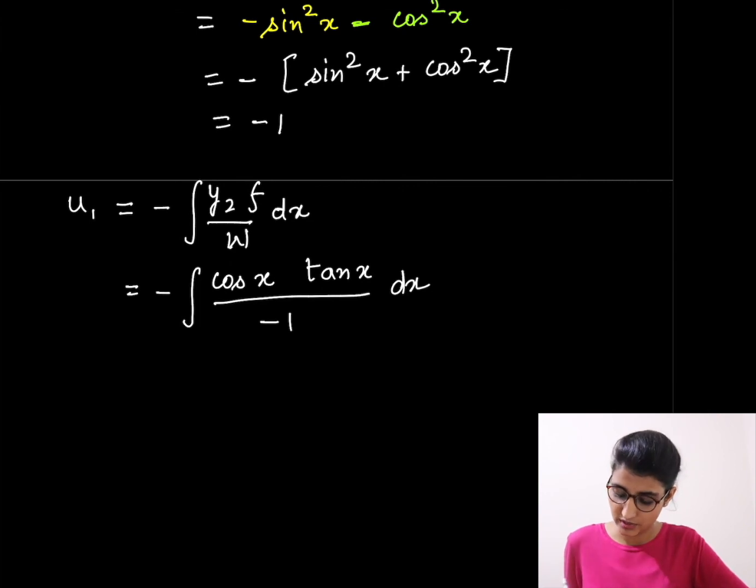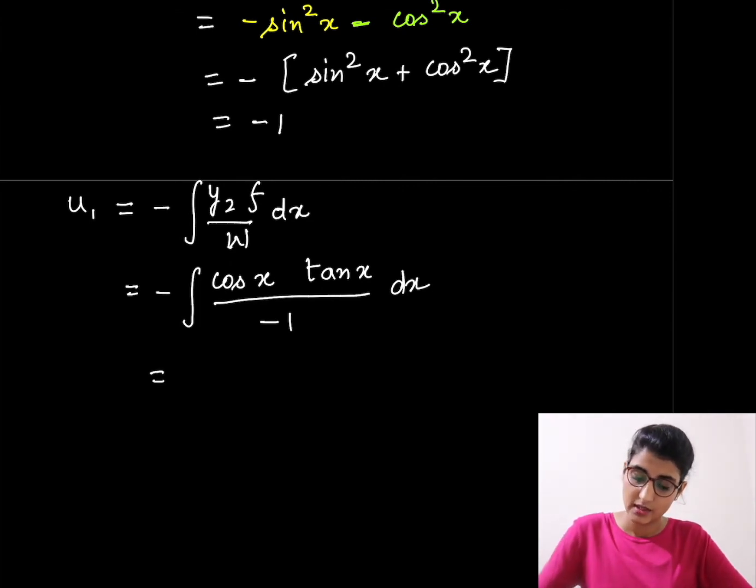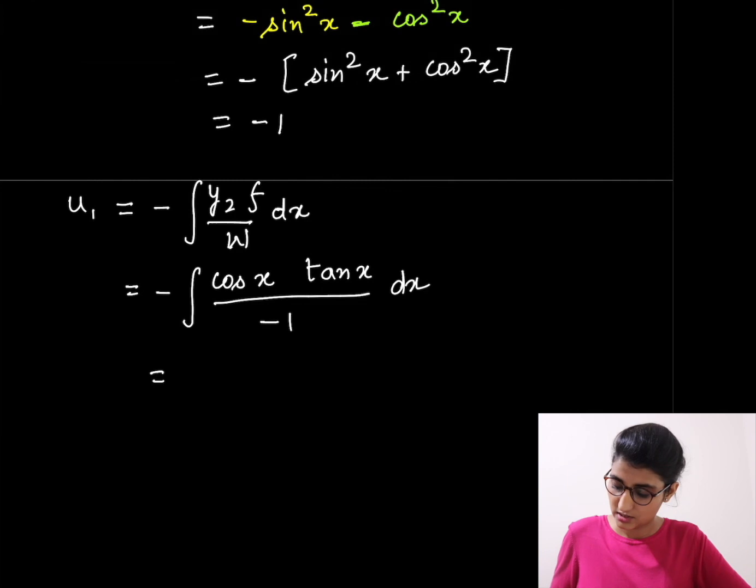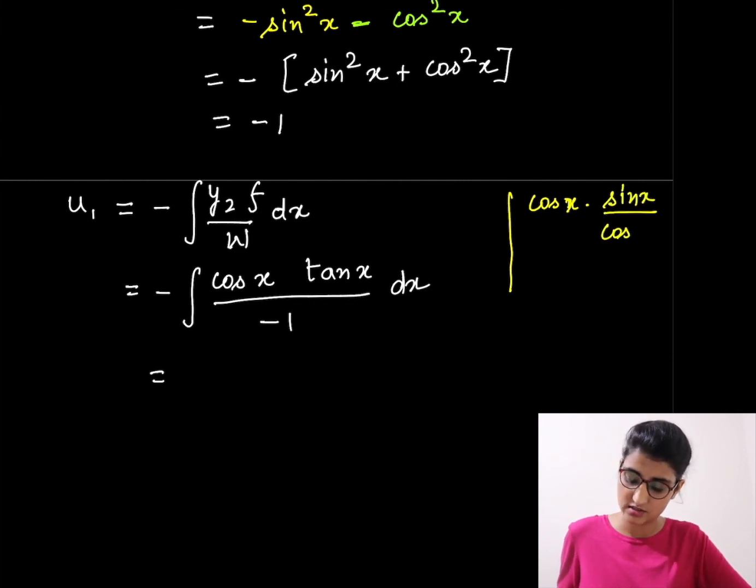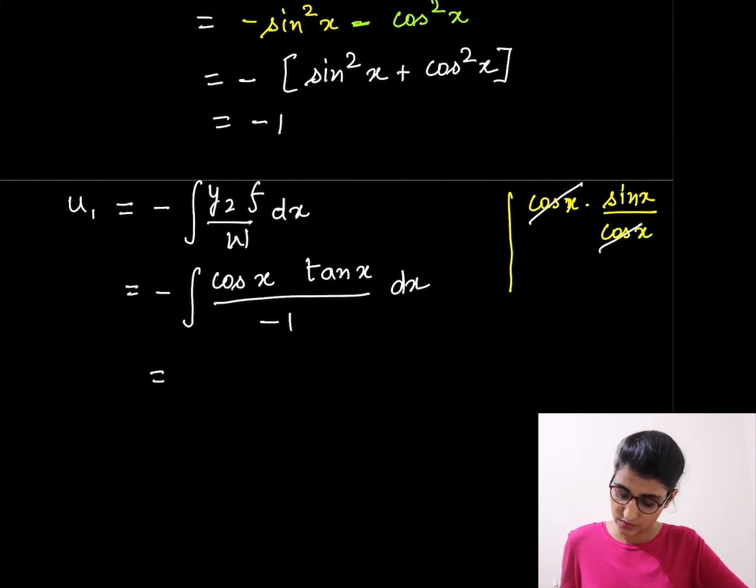Negative negative becomes positive, and we have cosine x times tan x. Tan x is sin x divided by cosine x. So cosine x cancels out. So this basically is the integration of sin x dx, which is negative cosine x.